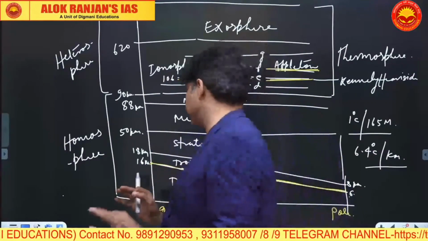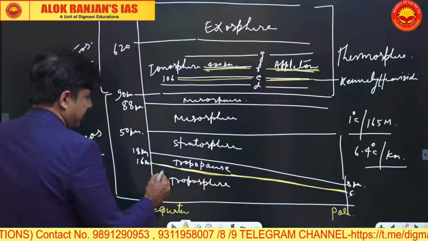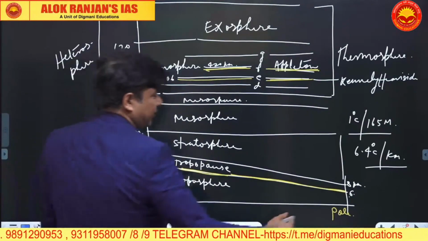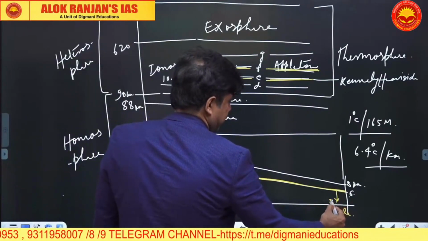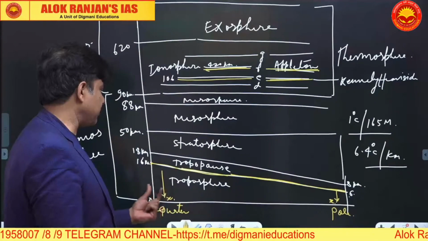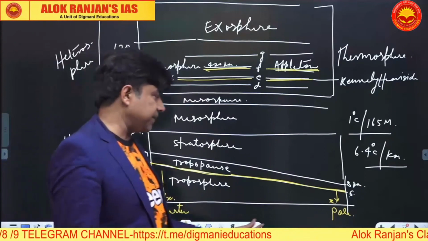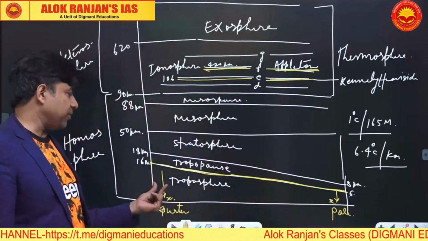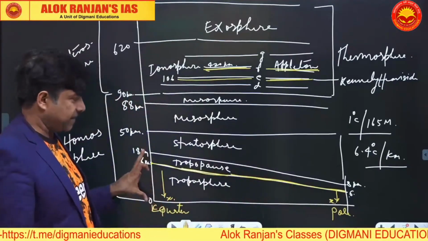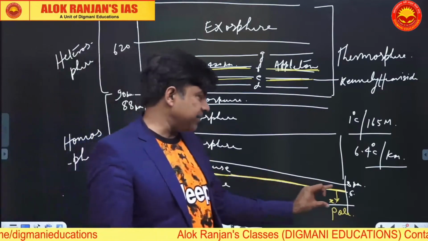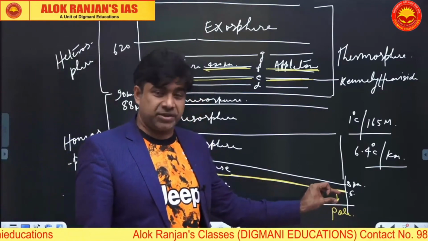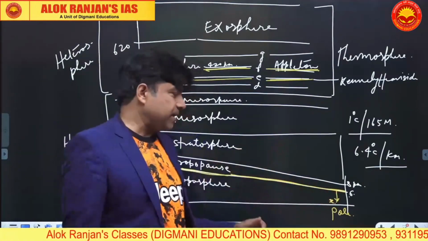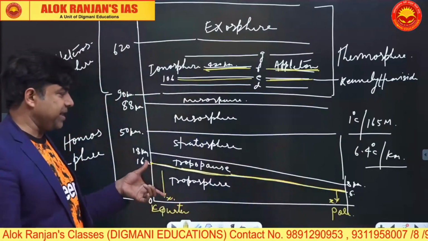Let's consider that here the weight of the gases is x, and here also it will be x. So the mass of the gases at equator and at pole shall be equal. But since heating is more in this region, it will be fluffy, and here the air will be more condensed because of the lower temperature. The condensed air will have greater thickness, and here you have a larger volume of air.